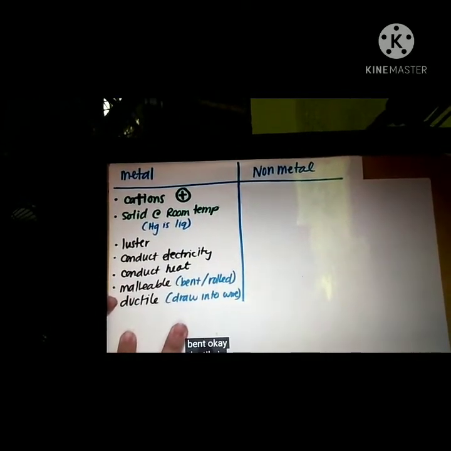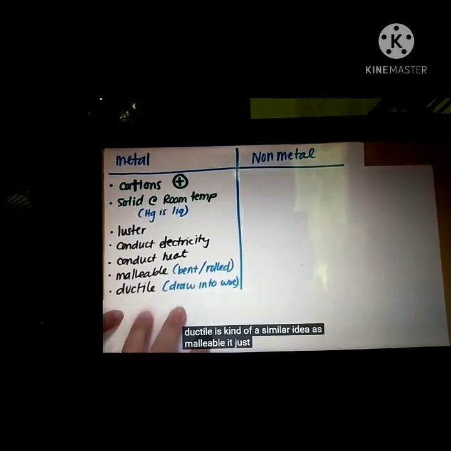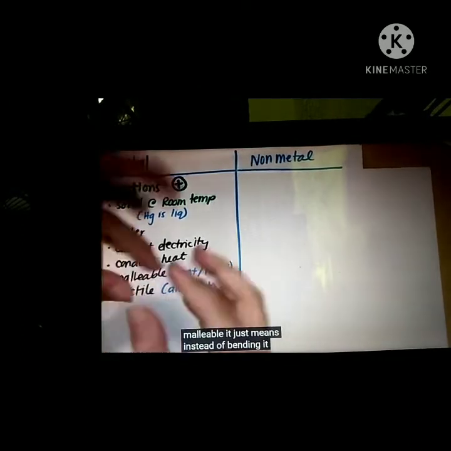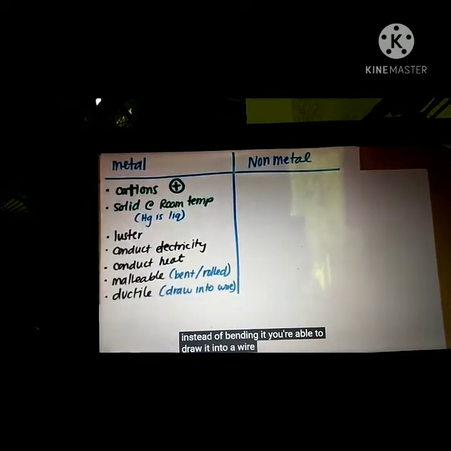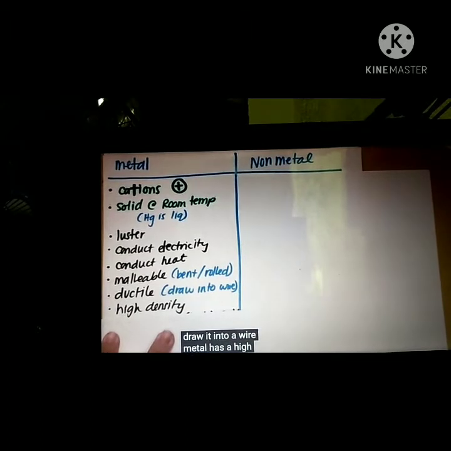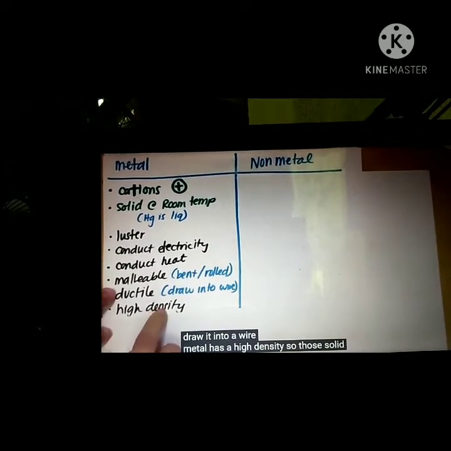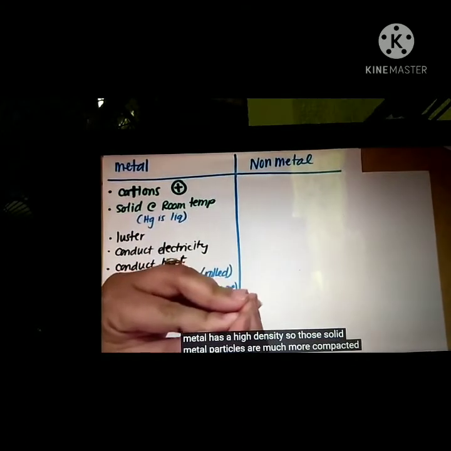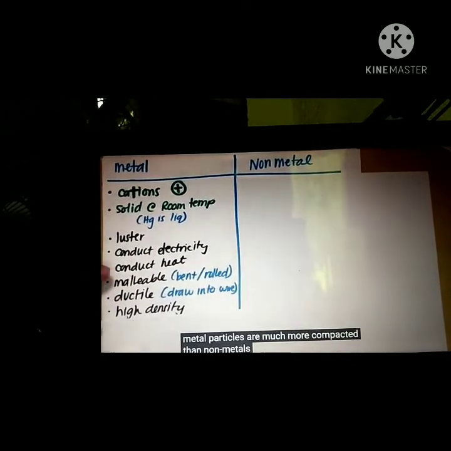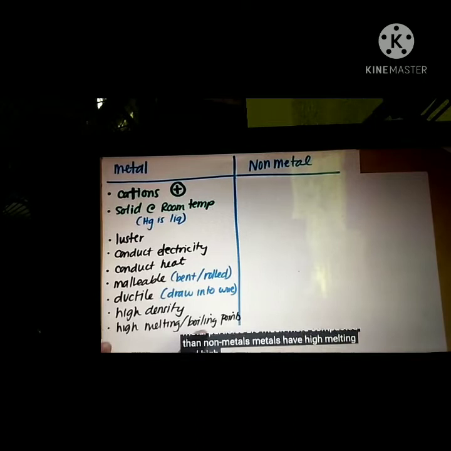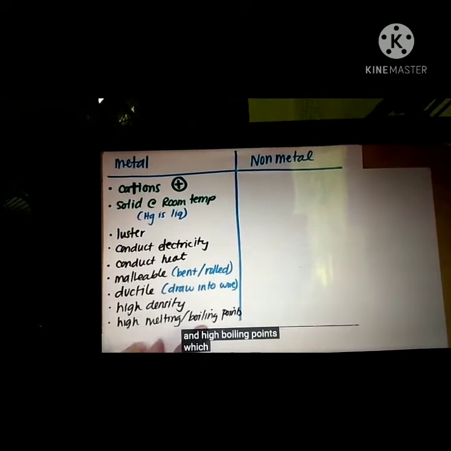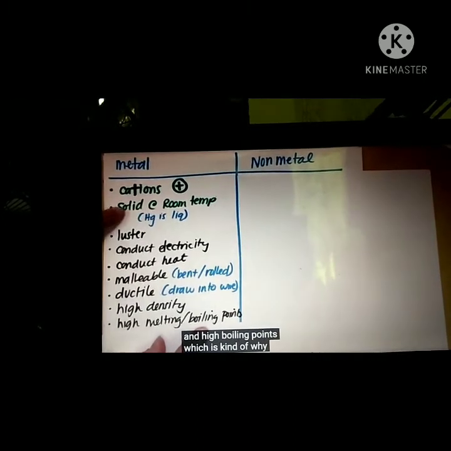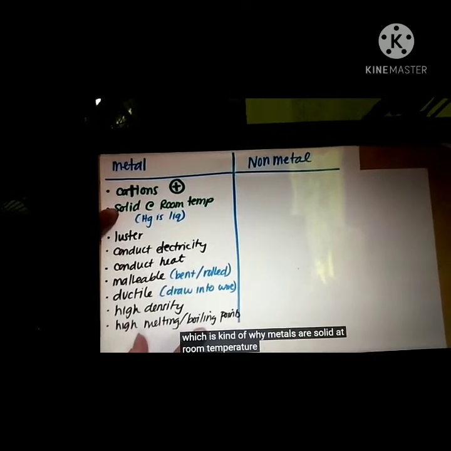Ductile is kind of a similar idea as malleable. It just means instead of bending it, you're able to draw it into a wire. Metal has a high density, so those solid metal particles are much more compacted than nonmetals. Metals have high melting and high boiling points, which is kind of why metals are solid at room temperature, right?